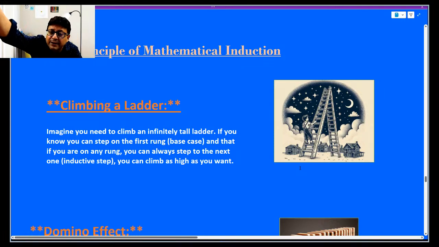He cannot step on the 10th one, but he can step on the first stair or second one or third one. More than that, he will not be able to climb up. So normally we start with n equal to 1.